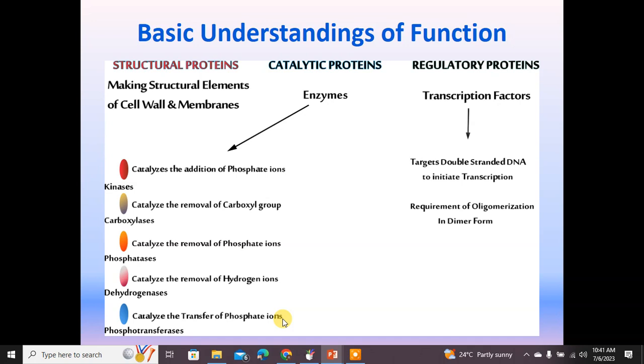So from this slide, now you know that proteins perform catalytic, regulatory, or structural functions, but you can also know from its name its general function. It doesn't mean that you always need too many papers or too many books to know the basic function of a protein. So you can guess it from its name.